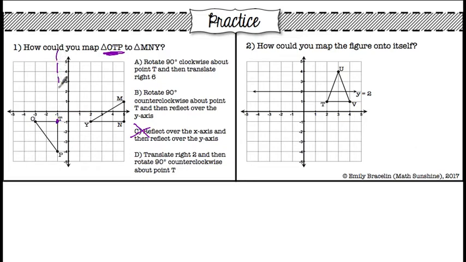Okay, so let me draw a brand new X and Y axis where point T is. And 90 degrees clockwise would put this figure over here. So the short side, instead of being on this axis, is going to be on this axis here.